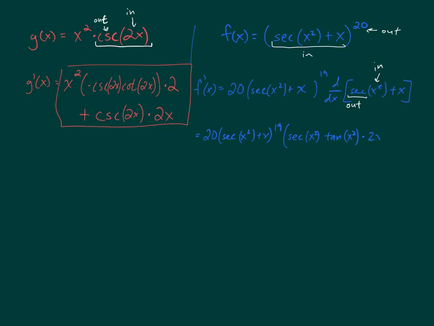So the derivative of that is 2x. Then finally we can come over here with this plus. So this plus sign will be here. And to that we add the derivative of x as 1. And that's it. That is the derivative for this final function on this video.